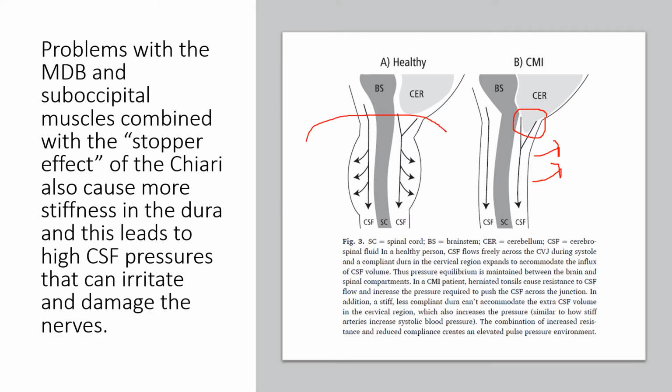So you can see here that the dura actually is expanding, and that's normal. And we want that to happen as the cerebrospinal fluid pushes through. And it's the heart that creates that. But when that doesn't happen, and you see stiffness in the dura, then that pressure's got to go someplace, and eventually that pressure goes back towards the nerves and the spinal cord, and that can cause injury to those structures.